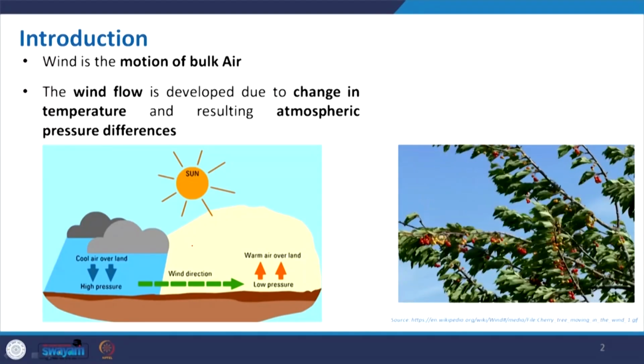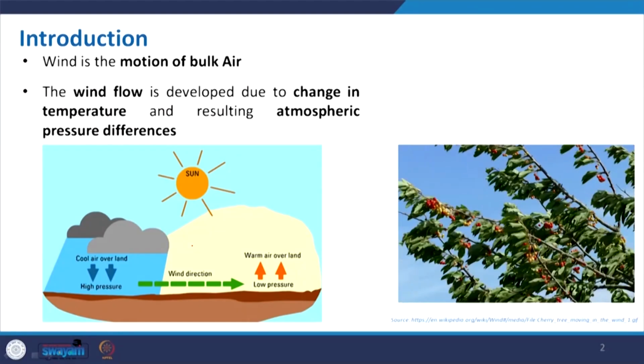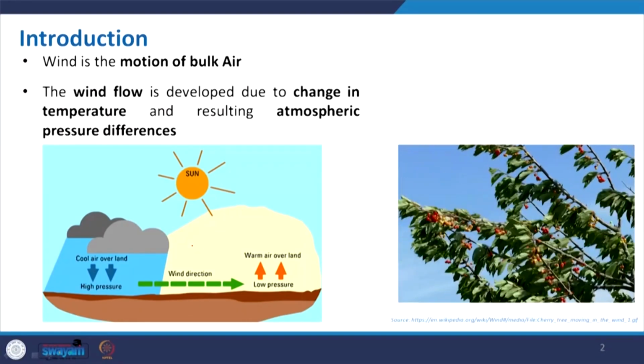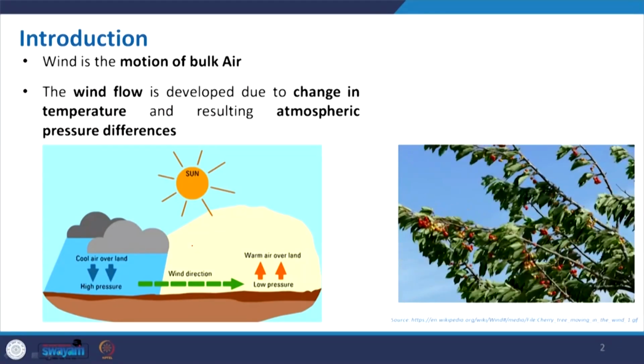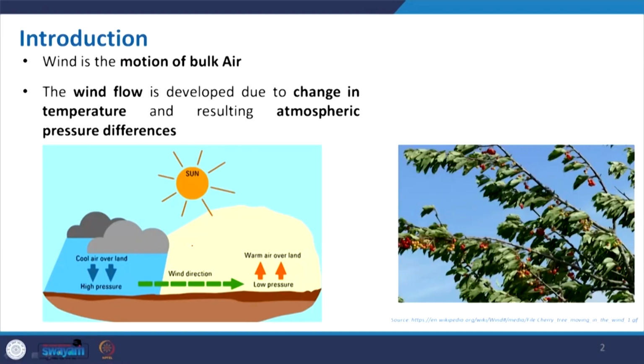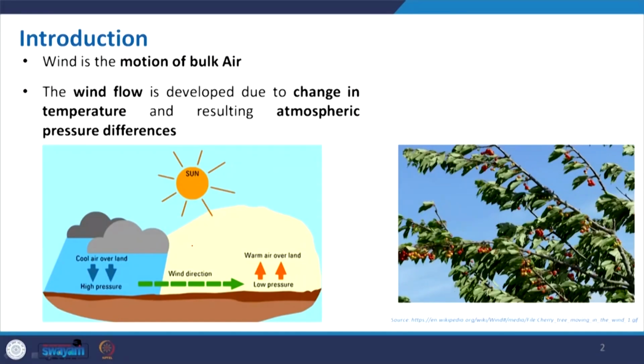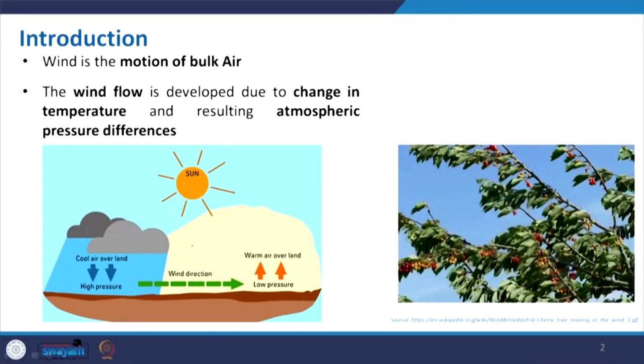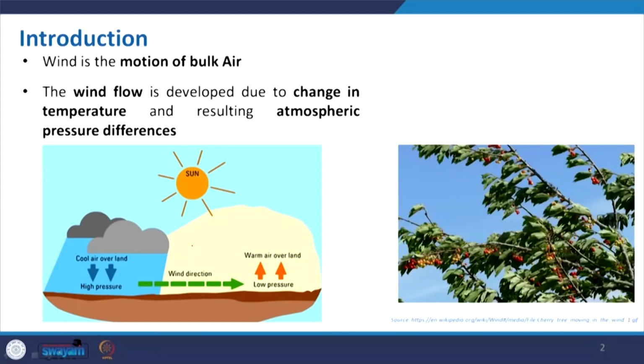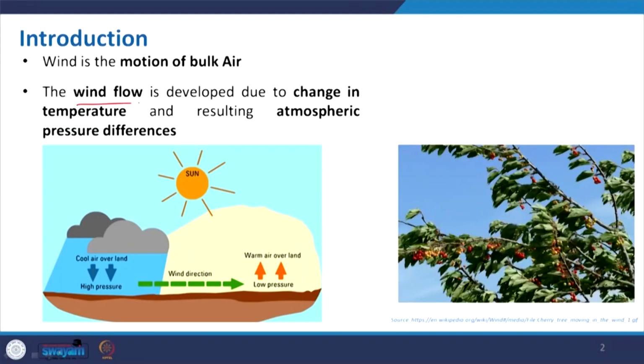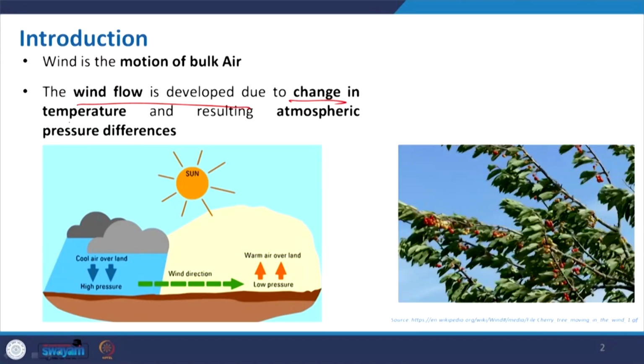Now, why is this particular motion created? It is again a very simple thing, and I think all of us have read this kind of definition or explanation in our school days. The wind flow is developed due to change in temperature.